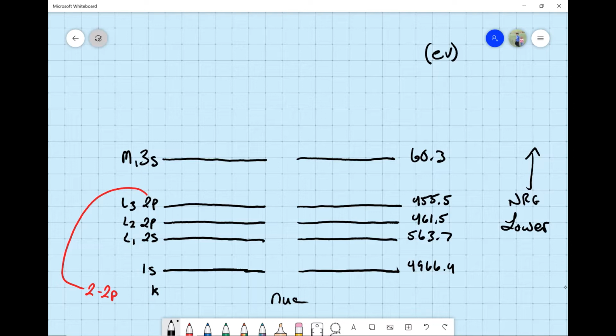All of the 3p's now get kind of grouped here. But now there's kind of a subshell. So M2, M3. And so M2 is one 3p, and M3 is two 3p's.